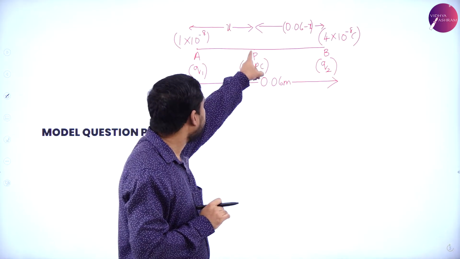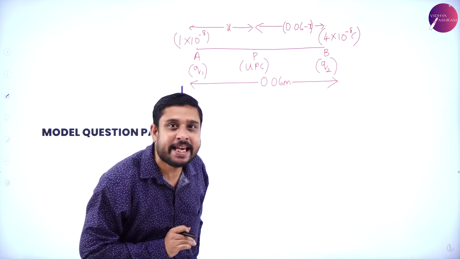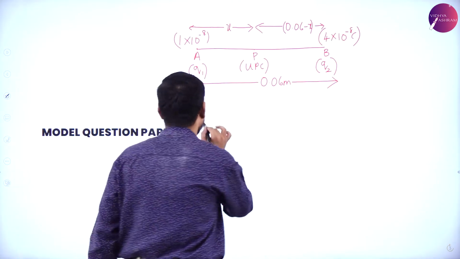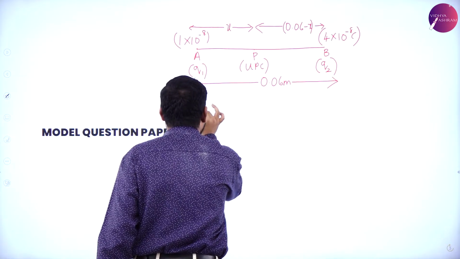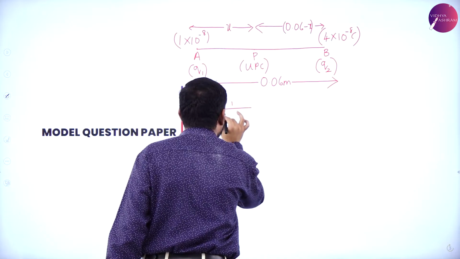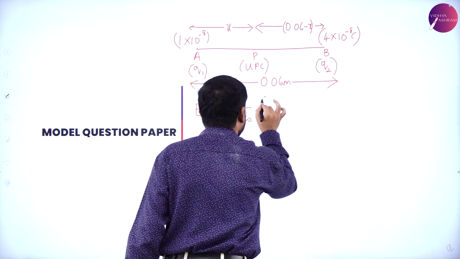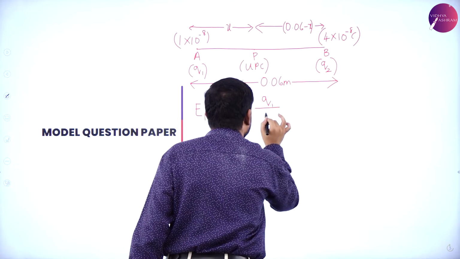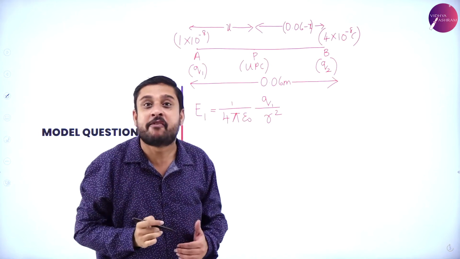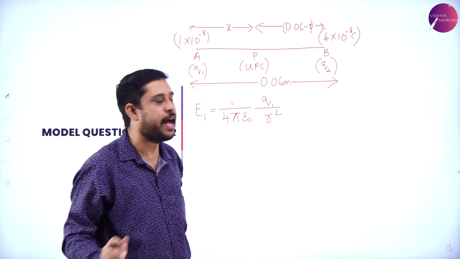First, I will find the intensity at P due to the charge at A. I call that E1, which is 1 by 4 pi epsilon naught Q1 by r square. Expression for intensity: charge by distance square.